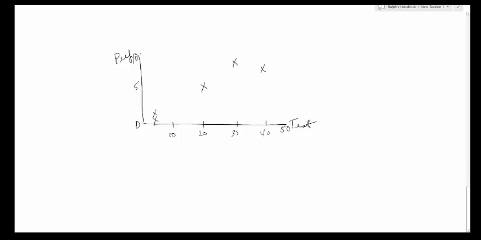And another person is at a 35 and a 9. And another person is at a 5 and a 3. And another person is at a 5 and a 2. And another person is at a 15 and a 5. And another person is at a 40 and an 8.